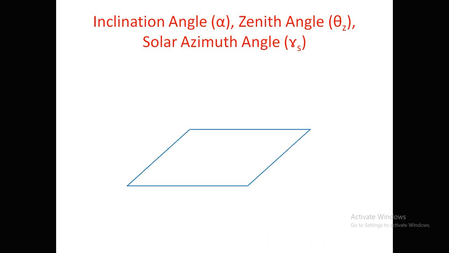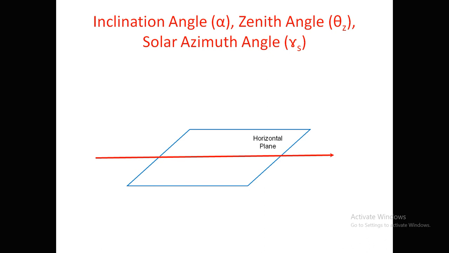First take a plane, and this plane is a horizontal plane. That means on earth if we take a point, the plane which is in line or parallel with the tangent at that point is called the horizontal plane.